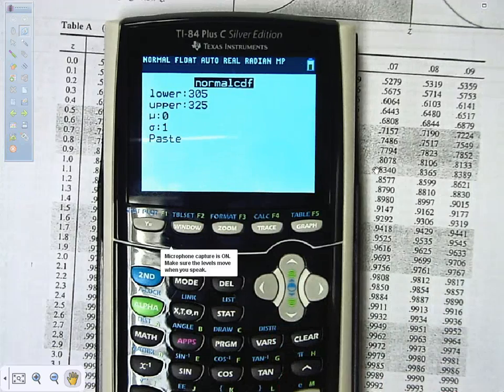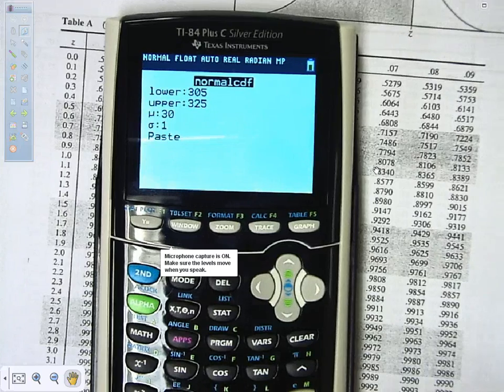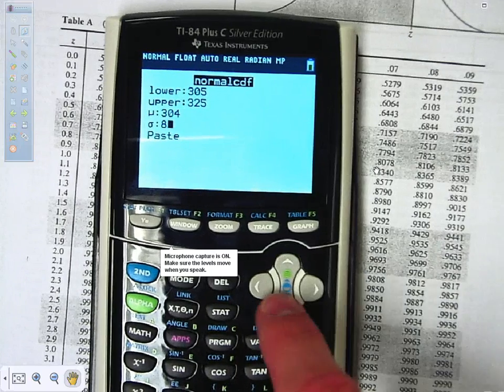And our mean and standard deviation, we can actually plug in from the problem. Again, in his drives, his mean is 304 yards, and his standard deviation is 8. So 304, that's our mu, and 8 is our sigma.